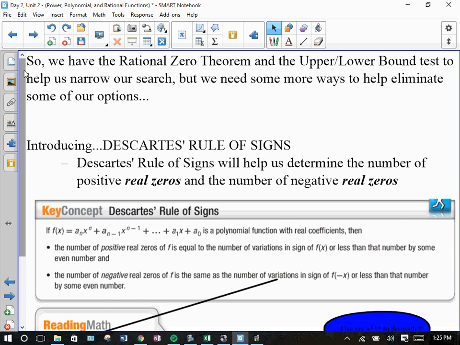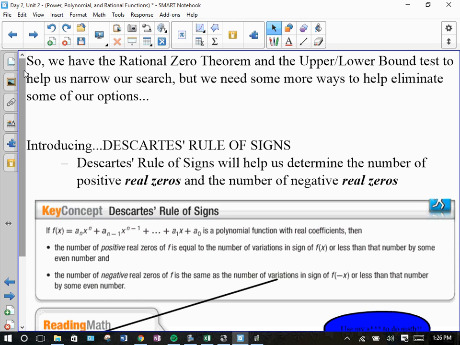Rational zeros. The rational zero theorem allows us to figure out where the function potentially crosses the x-axis.